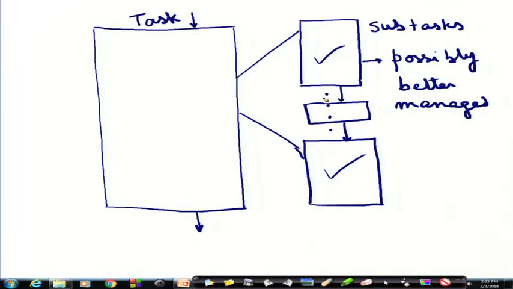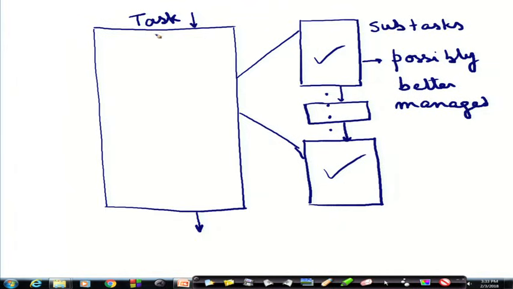So, instead of addressing the whole task, or implementing the whole task as a single task, it is often advisable to break it down into a number of subtasks. Now, let us talk about programming.